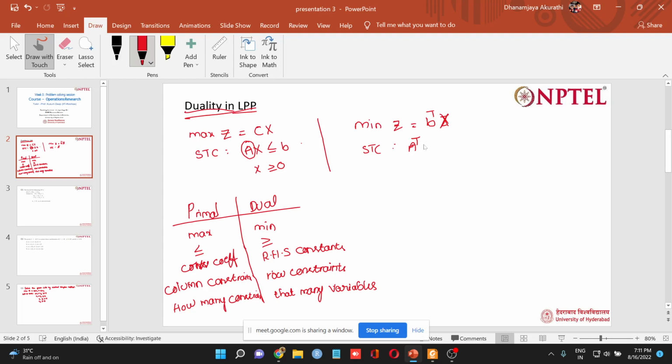So it would be the transpose. And we can take another variable, Y, without any confusion, and these are greater than or equal to C transpose. And Y are the variables involved in the dual problem. Did you understand this conversion?